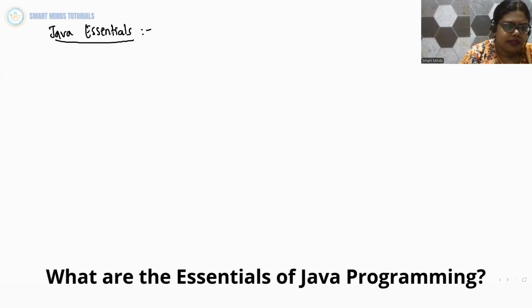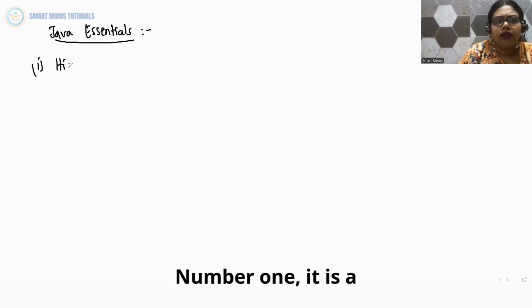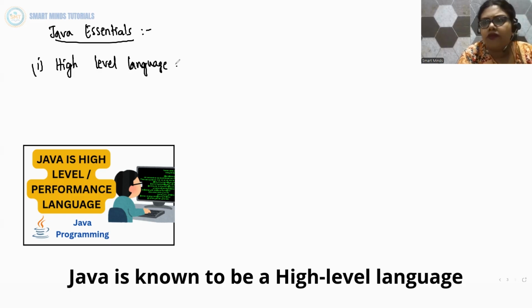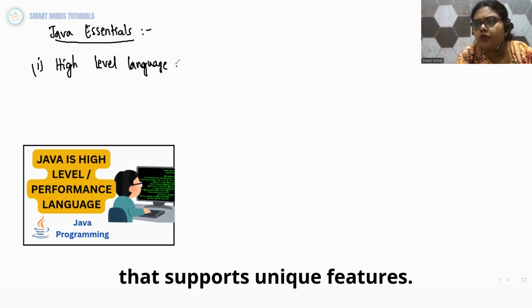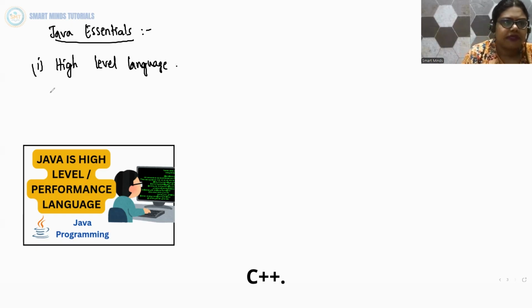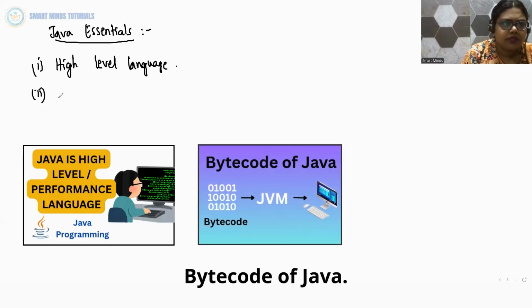So what are the essentials of Java programming? Number one, it is a high-level language. Java is known to be a high-level language that supports unique features, and it is quite similar to C and C++. Number two is bytecode of Java.